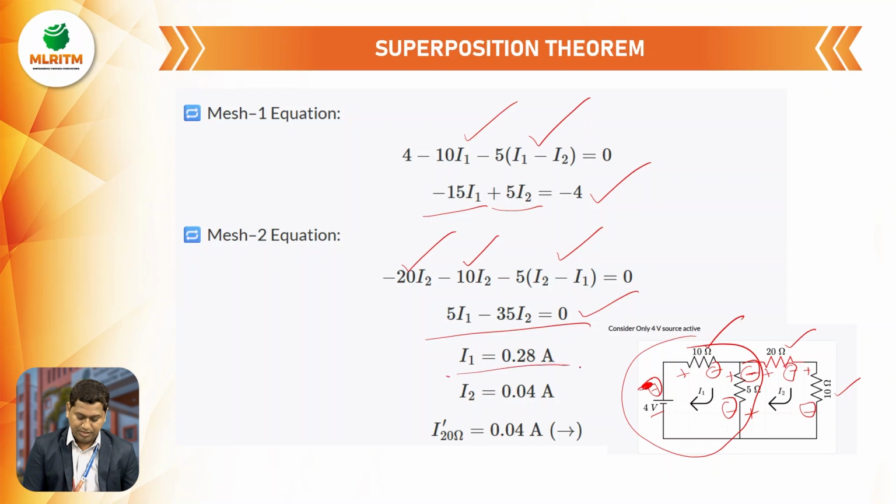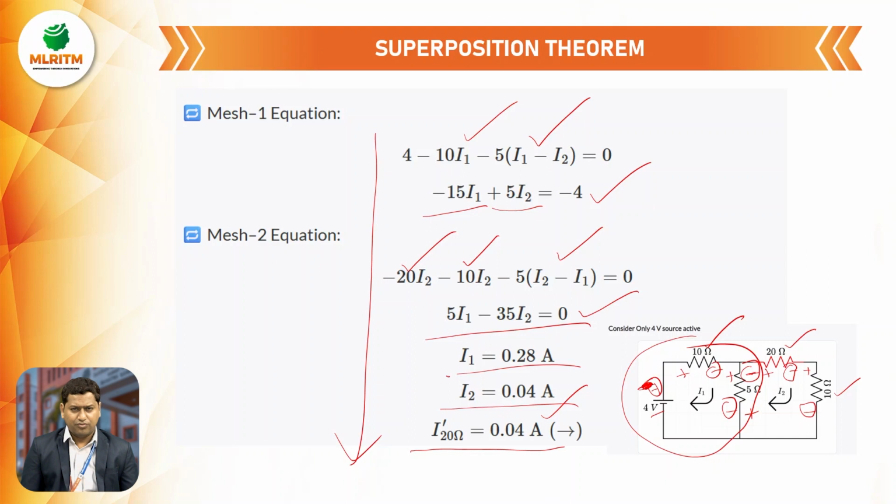So I1 is equal to 0.28 and I2 is equal to 0.04. Finally I20 dash is equal to 0.04 amperes. While calculating the current through the 20 ohm, I have to follow this process.